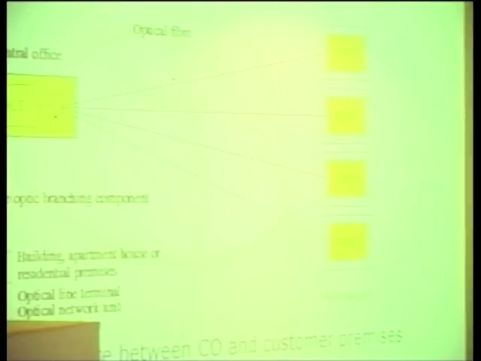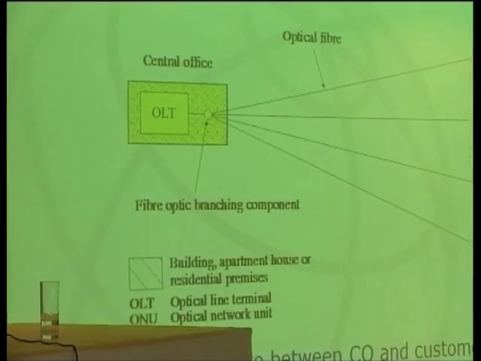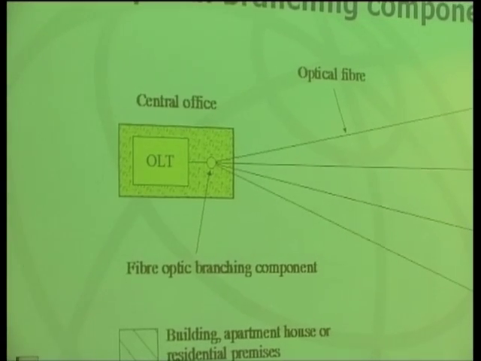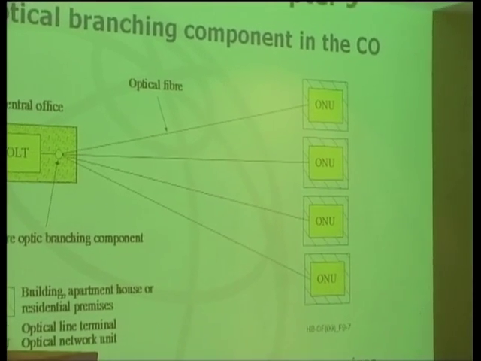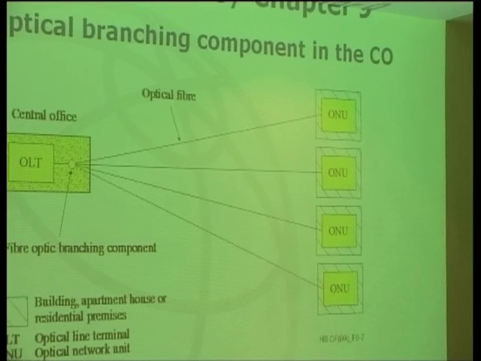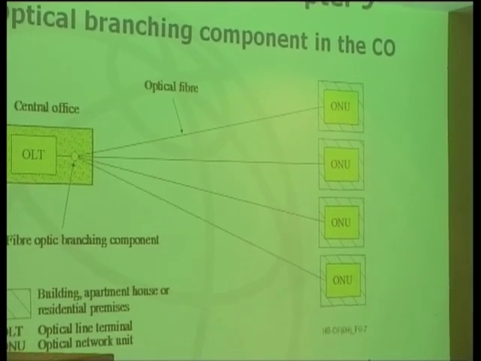The only two advantages I can see are the sharing of just one OLT and the fact that the branching component, I mean the splitter, is in good environmental condition because it is in a central office and it stays in an air-conditioned environment and so on. But as you could see before, it seemed to be a very robust component, so you can also lay it in the street without any problem.